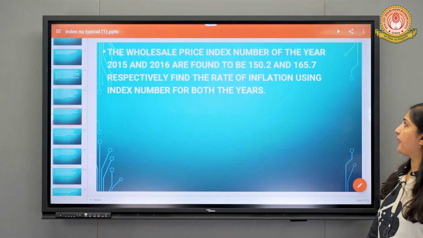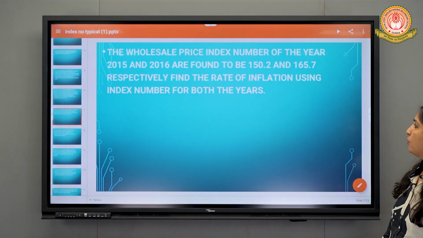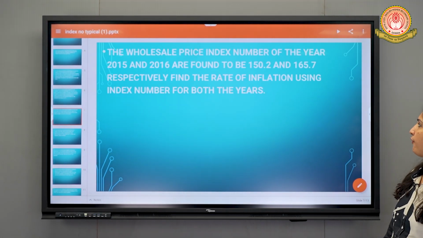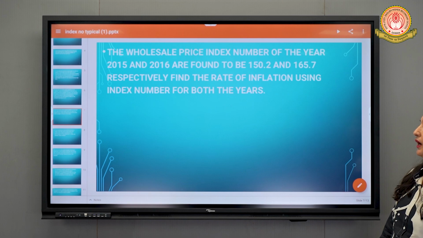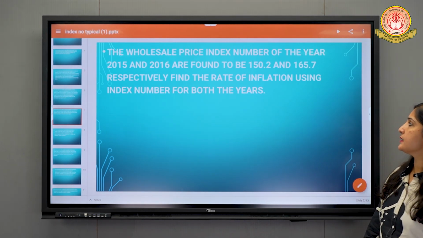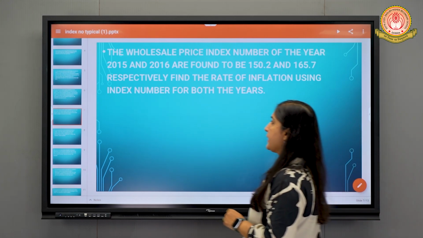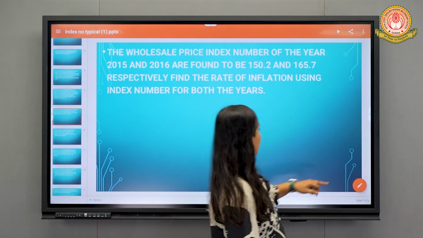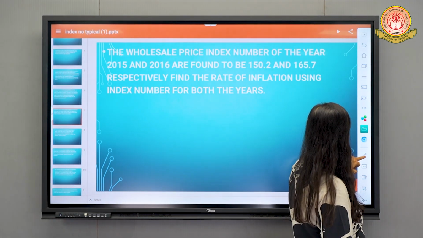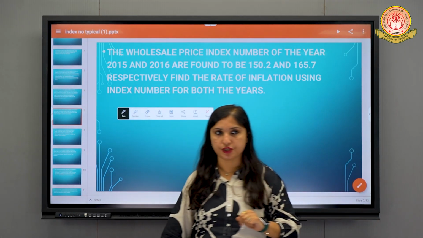The wholesale price index number of the years 2015 and 16 are found to be 150.2 and 165.7 respectively. Find the rate of inflation using the index number for both the years. Now, rate of inflation.